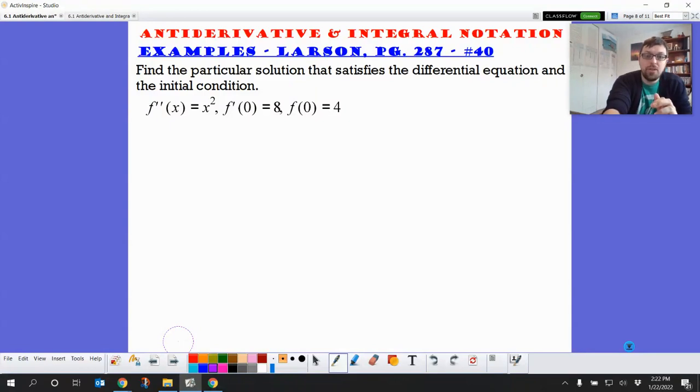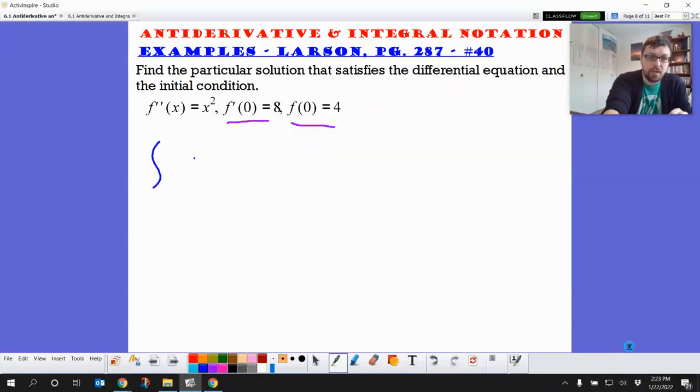These are some initial conditions that are going to help us get rid of that c value and actually know what that value is. If we just have that f double prime of x squared, we can't figure out c. But they told us something about what happened before they took the derivative of f prime to get f double prime. So first thing we want to do is integrate.